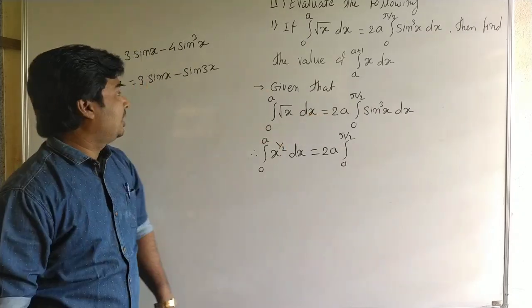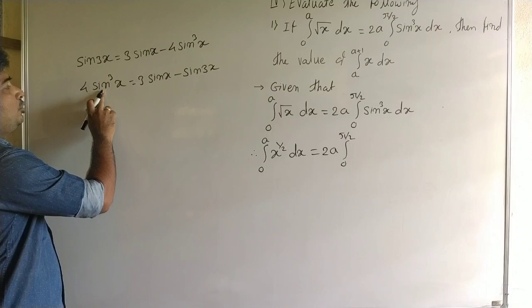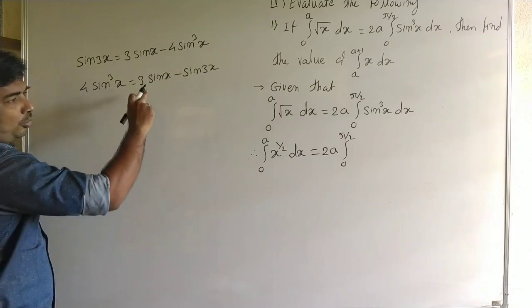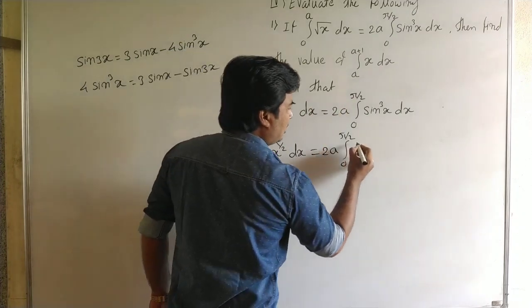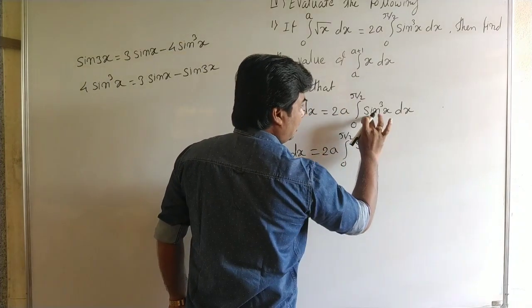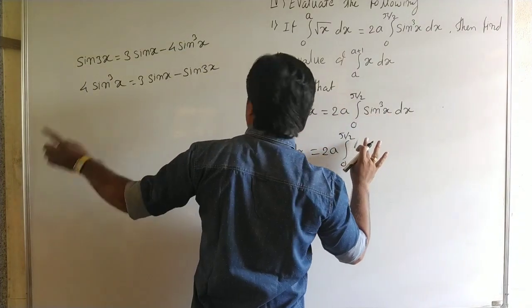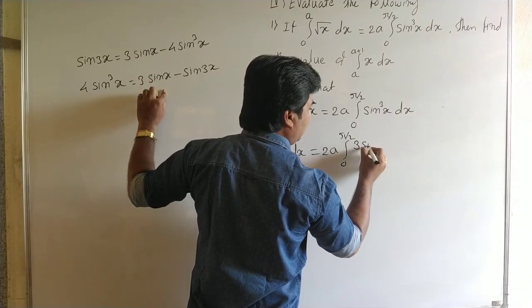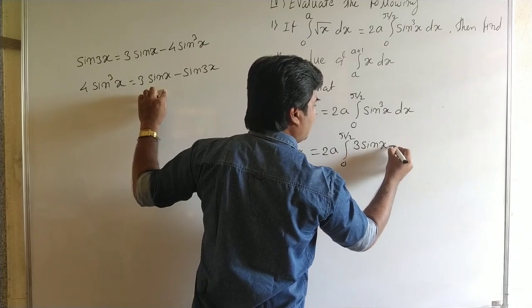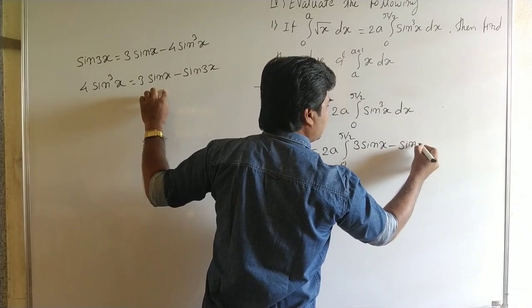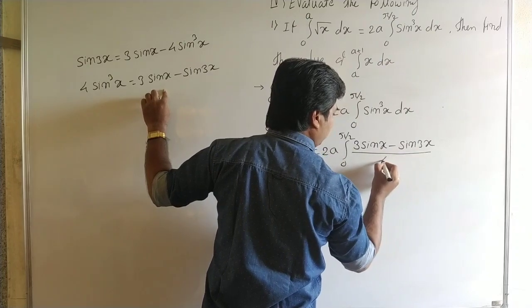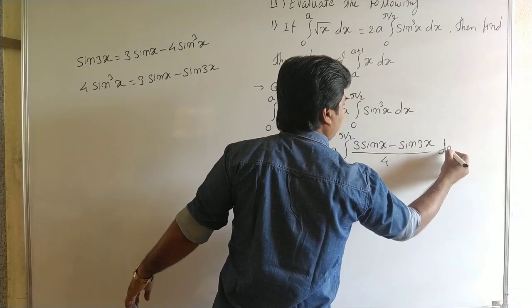So here sine cube x is replaced by 3 sine x minus sine 3x upon 4, with respect to x.